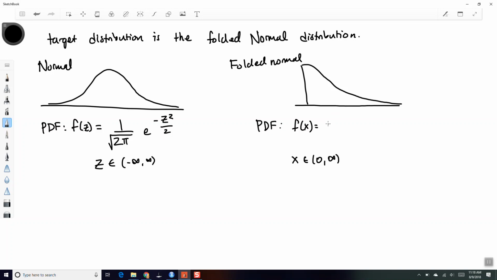Yeah, it's the same thing, but it's going to be 2 times the PDF of the normal. 2 times this, e to the negative x squared over 2. Okay, does that make sense? So this part over here is exactly the same as before, but in order for the whole thing to integrate to 1, we have to make it twice as tall.